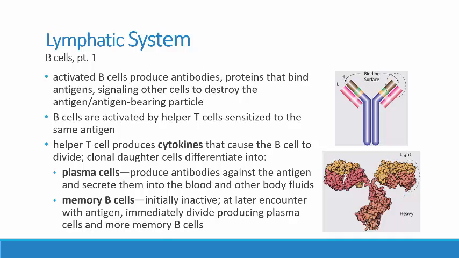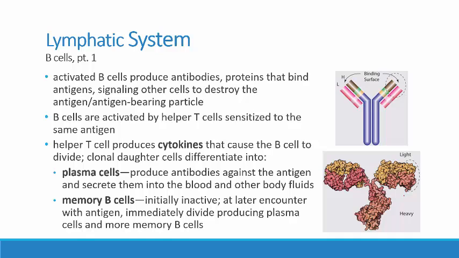When a B cell is activated, its job is to produce antibodies, and these are proteins that will bind to the antigens that the B cell has been tuned to recognize, and it will signal to other cells that, hey, we've found something that's non-self, we've identified it before, it's time to get it out of here. So B cells are activated by helper T cells that have been sensitized to the same antigen as the one that the B cell has been activated by or sensitized to.